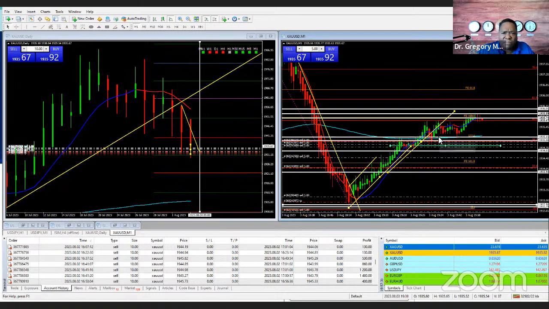You have three black crows and three white soldiers, and then the morning stars and evening stars, bullish engulfing, spinning tops. And I just want to get into a trade. I really don't want to learn another language, right? I love Japanese food.